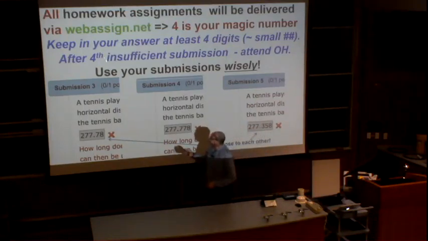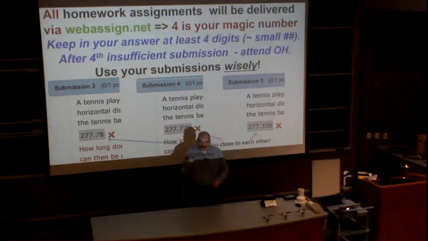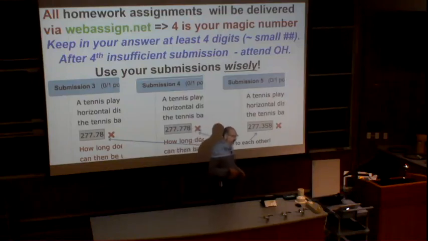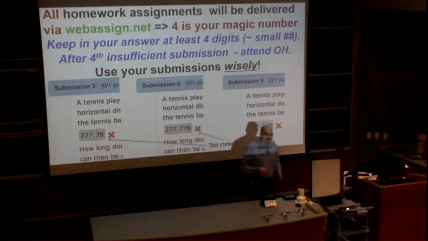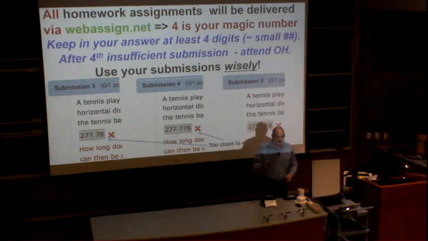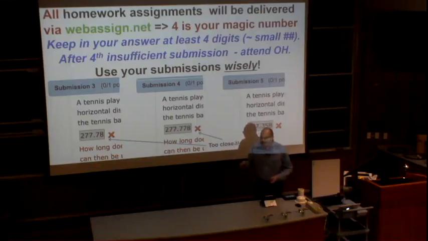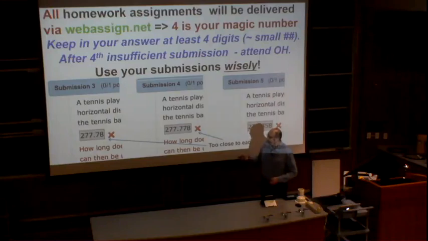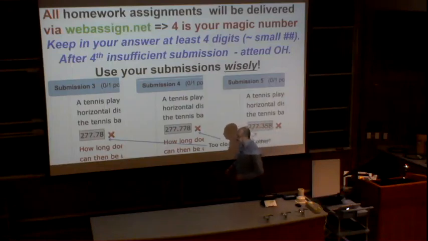But if your answer is a small number, a decimal 0 point something, in that case, keep at least 4 digits after the decimal point. Otherwise, your answer, even if everything is correct, might not be accurate enough. But again, decimals like these do not matter for a large number like this.